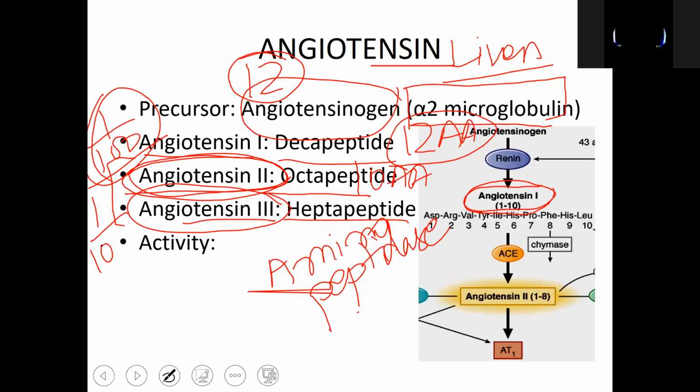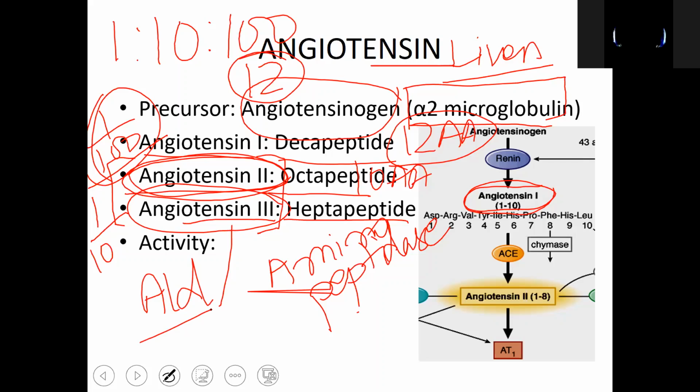If we take angiotensin 1 as 1, then angiotensin 3 will be 10, and angiotensin 2 will be 100. And in terms of aldosterone secretion from the adrenal gland, angiotensin 2 and 3 are equivalent.